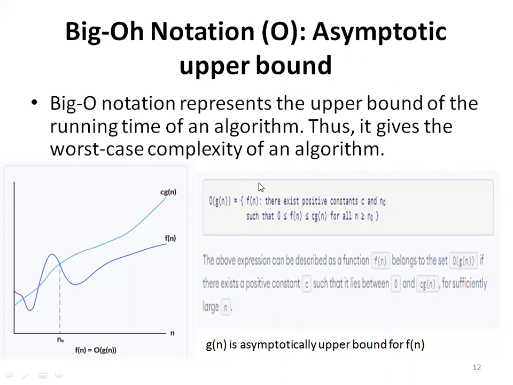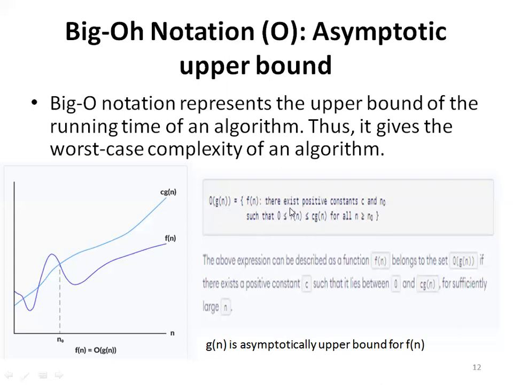The big O notation is used to find the upper bound of this function f(n). So upper bound of this function f(n), it can be g(n). So g(n) is the upper bound of this function f(n) if and only if this condition satisfies. So we can say that f(n) equals big O of g(n) if this condition satisfies.